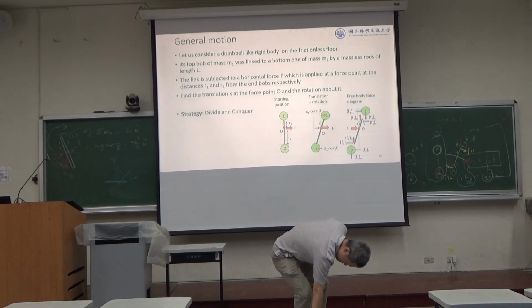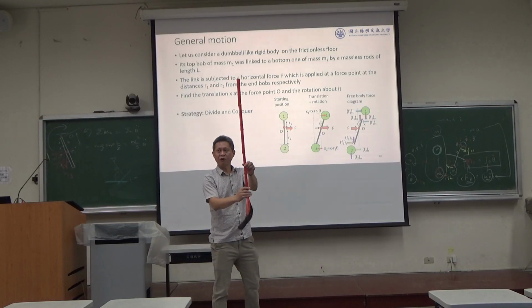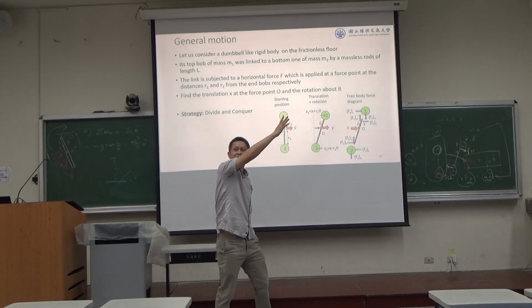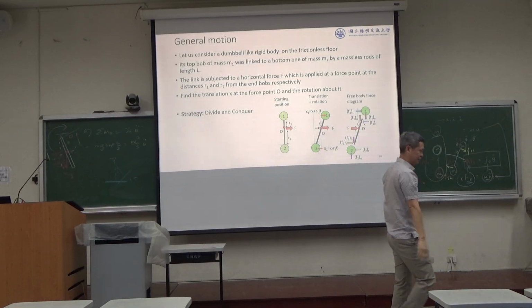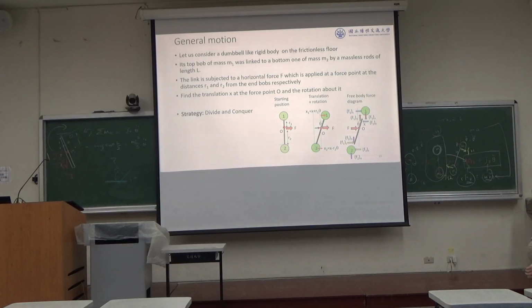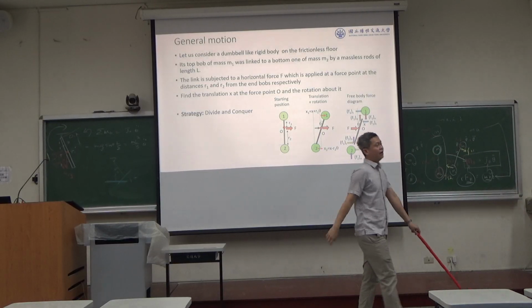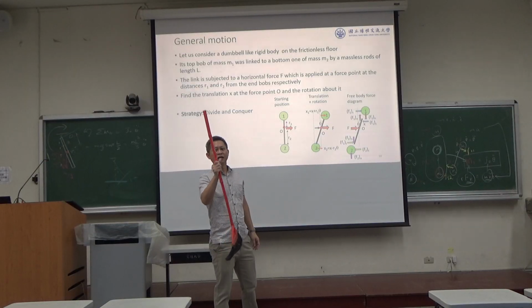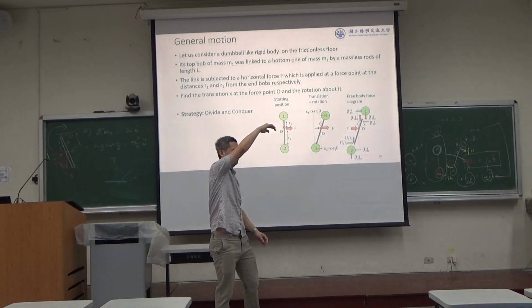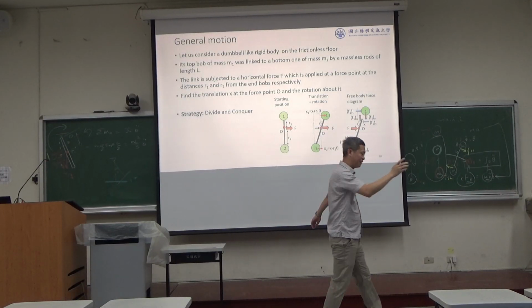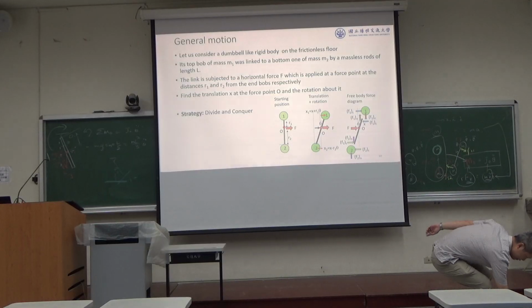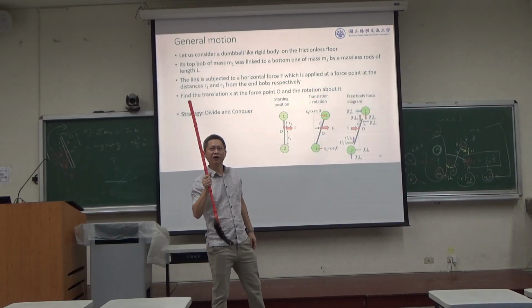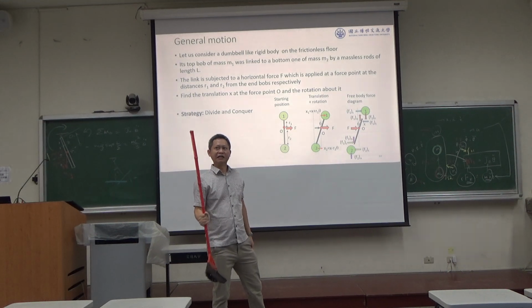If I'm holding at the bottom and throw it, it's largely translation, with very little rotation. And now if I hold at the center, then you're going to have a combination of rotation and translation, depending on how far away you are from the center of gravity.